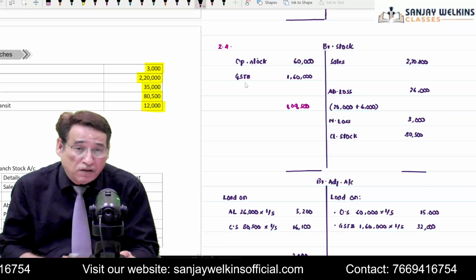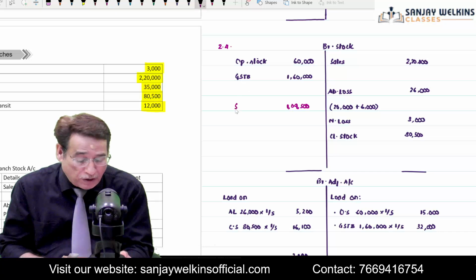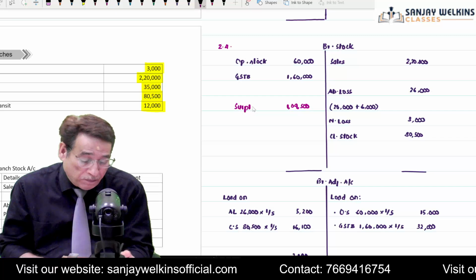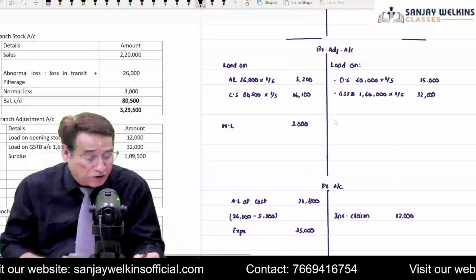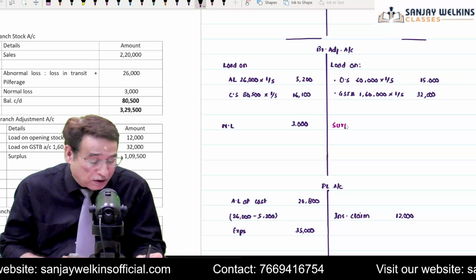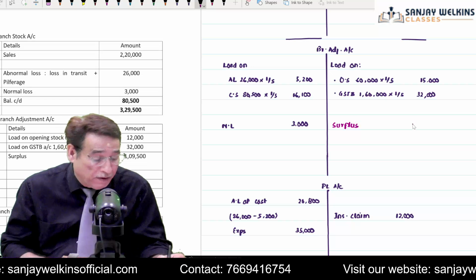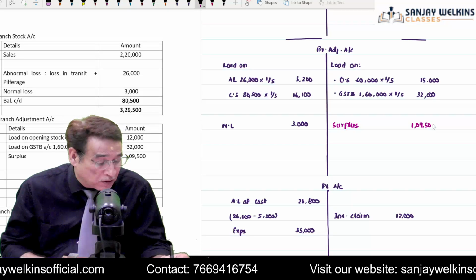Then we shall consider it as goods sent to branch, but again goods sent to branch is also given. So that is why we shall have to consider it as surplus. So surplus, you will consider it 1,09,500. And then the entire amount of surplus will be put on the credit side of the branch adjustment account, 1,09,500. This is your surplus.